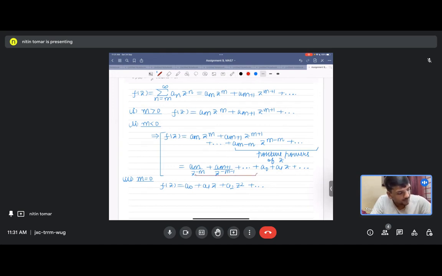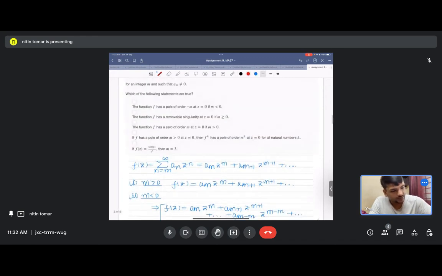So whenever there is a finite principal part, we know the singularity is a pole. And what is the order of the pole? The highest power of 1 by z. What is the highest power of 1 by z? It is minus m. So this option is correct actually.